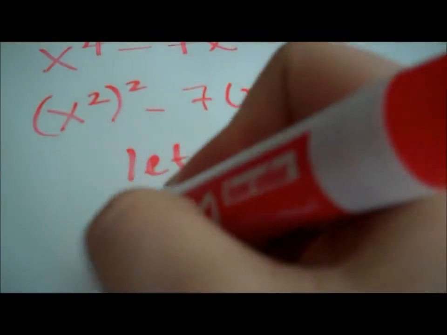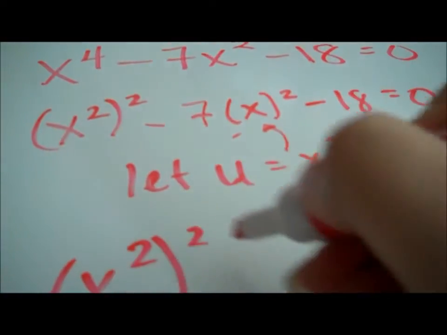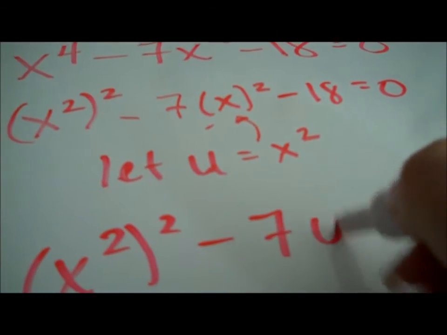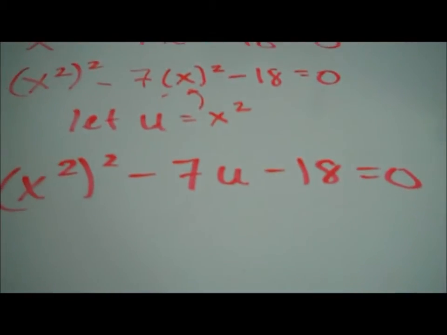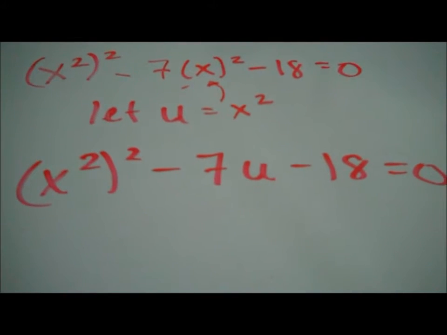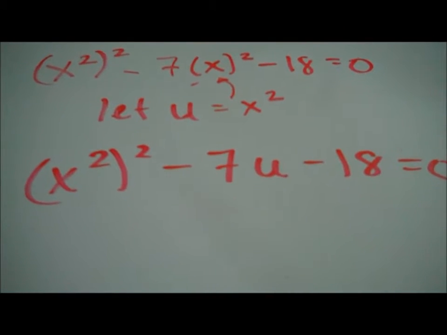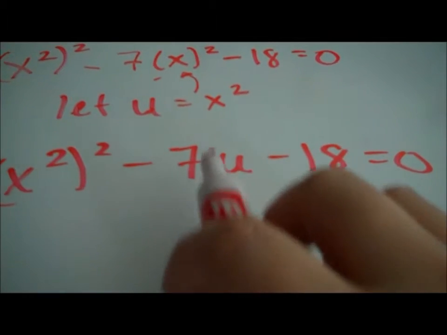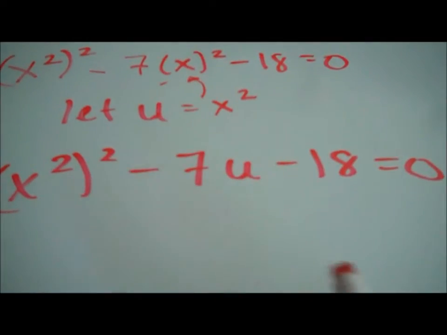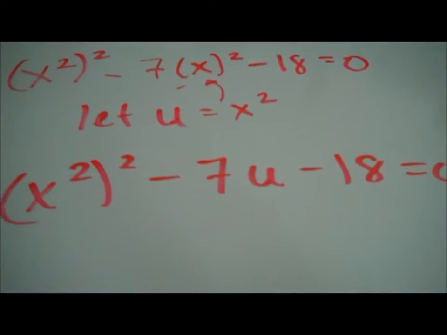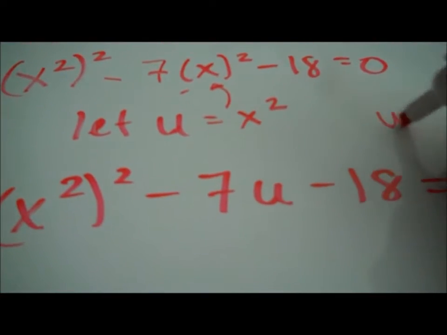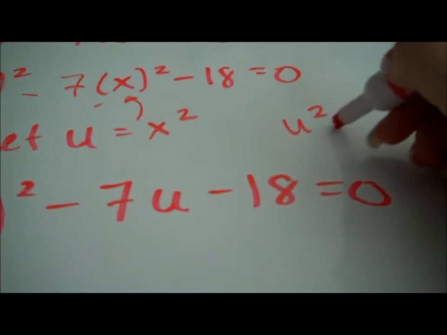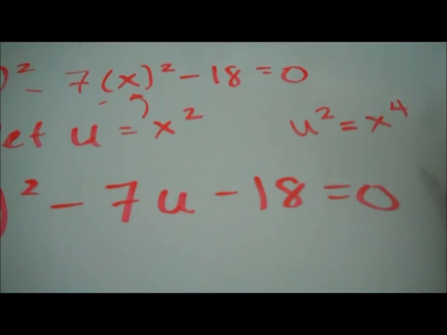So let's do that right now. That would be minus 7u minus 18 equals 0. See, already it's starting to look like a basic quadratic where we have our variable here in the center to the 1 power. Well, if I let u equal x squared, that would mean that u squared would have to equal x to the fourth, right?